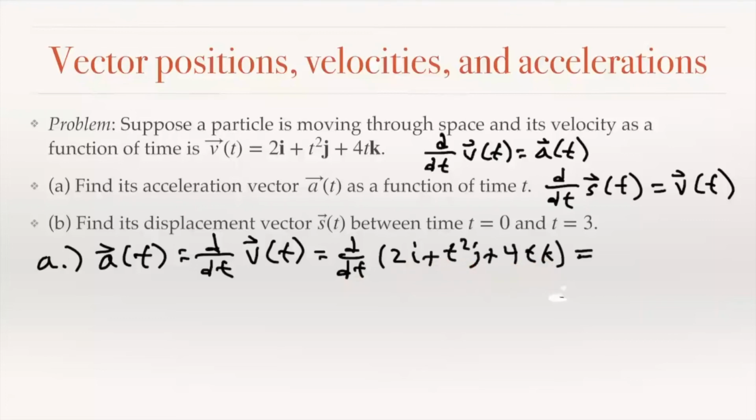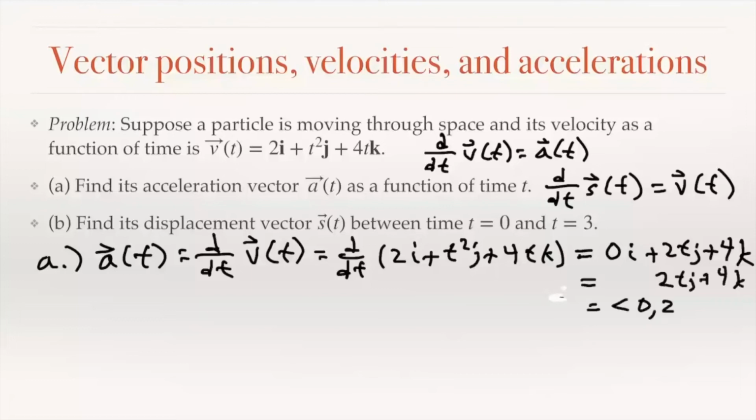And that is 0i plus 2t j plus 4k. In this notation, I should note, we often omit zeros. So we would often write this as just 2t j plus 4k. And that's the same as 0, 2t, 4 in our other notation.